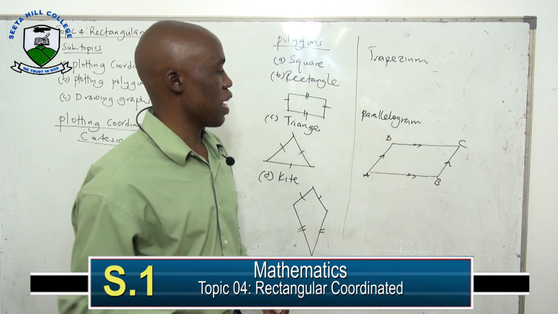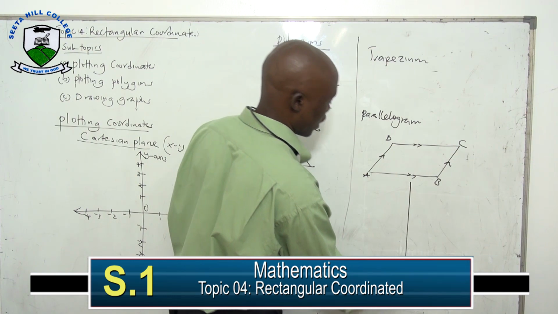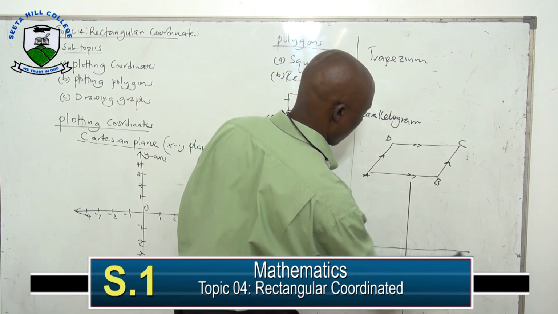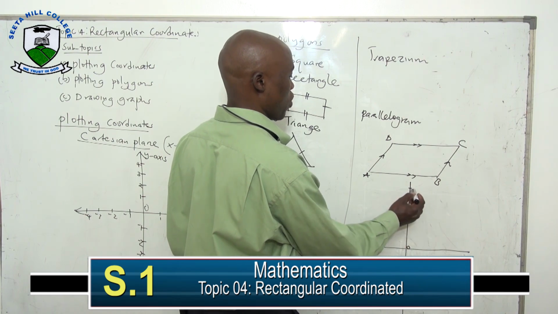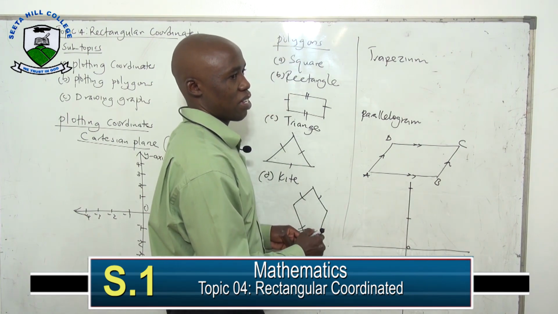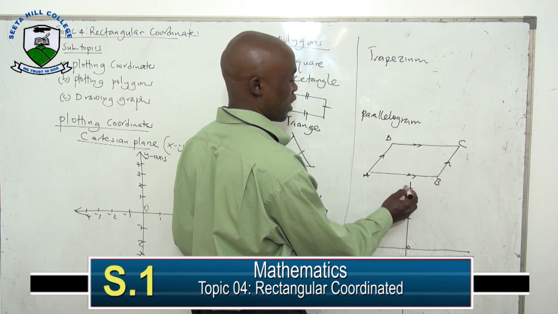How have you handled that scale there for every 2 centimeters? 1 unit. Why?